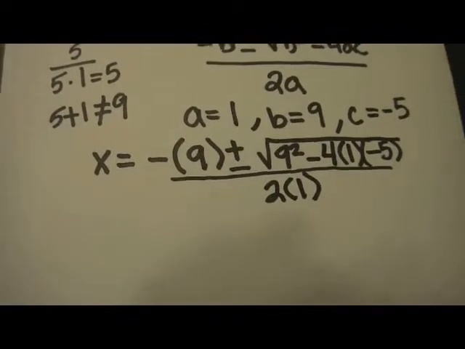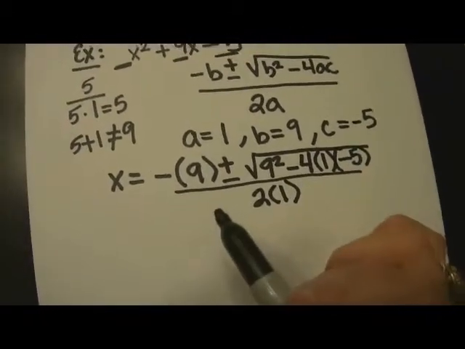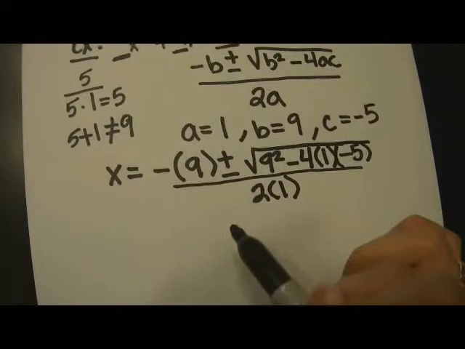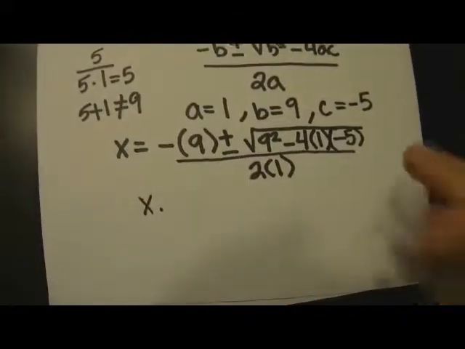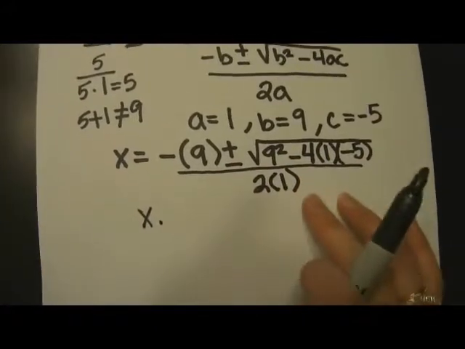Now what you can do is simplify it, and you can get what x is equal to. I don't have my calculator with me, but this is what your two roots are.